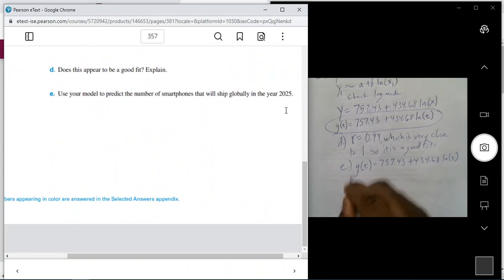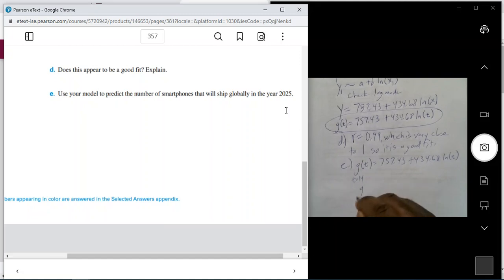So that means here that our t is equal to 14. So we would substitute in 14 for t. So we had g of 14 is equal to 757.43 plus 434.68 times the natural log of 14.